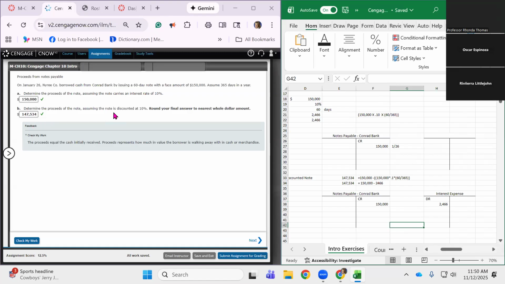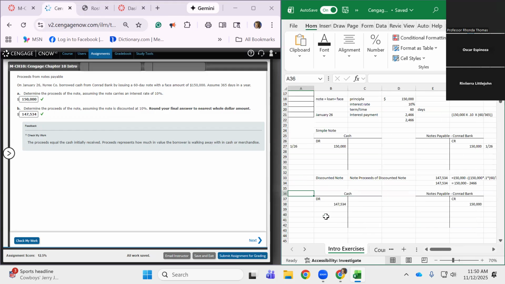So you have to be able to know what kind of a note they're talking about. For the most part, we'll be doing interest-bearing notes. A discounted note is usually offered to maybe a business whose credit is not so great, because they're already paying the interest right off the bat, right? Let me ask you, which would you rather have if you're a business? Would you rather have $150,000 to spend however you want to, or would you rather have $147,000 to spend?